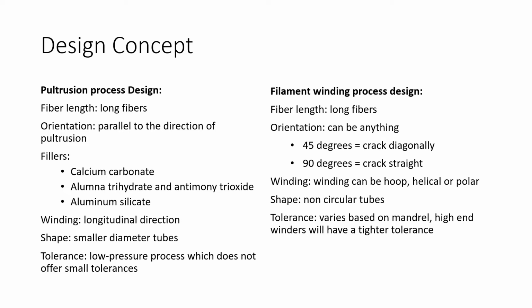The tolerance for both definitely varies based on the products that are being created and the quality of the machinery being used. The tolerance for the pultrusion process often is very high due to the low pressure of the process, while tolerance for filament winding varies based on the mandrel, and high-end winders can have a tighter tolerance.